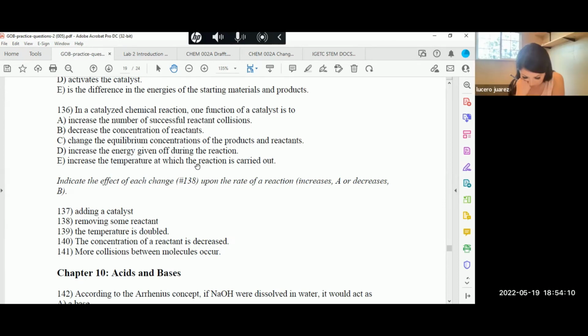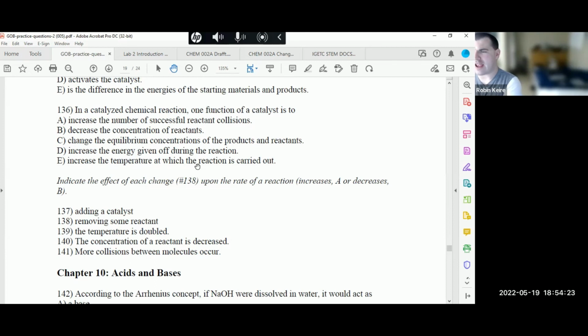I would say, I'm not sure about this, but I would say A, because for the reaction to occur, I suppose you need a certain amount of concentration, but decreasing the concentration would lessen the likelihood of the reaction occurring.